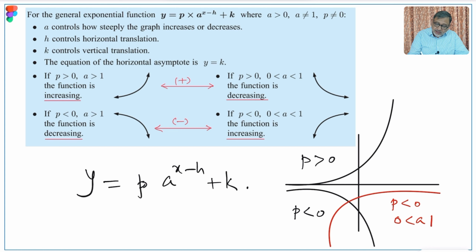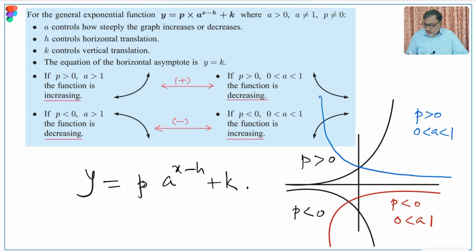Similarly, when p is greater than 0 and a is between 0 and 1, the graph is something like this. It will not go up, it will be going down but never meets the x-axis. This is the x-axis, origin, y-axis.